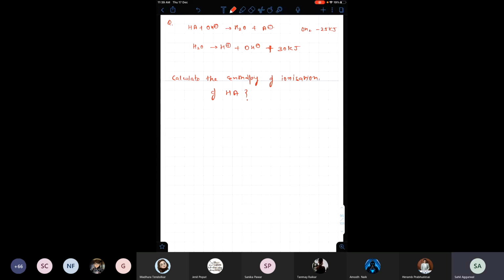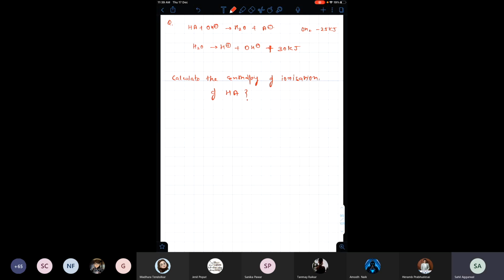Calculate the enthalpy of ionization of Ha. What do we mean by ionization? Removal of electron.